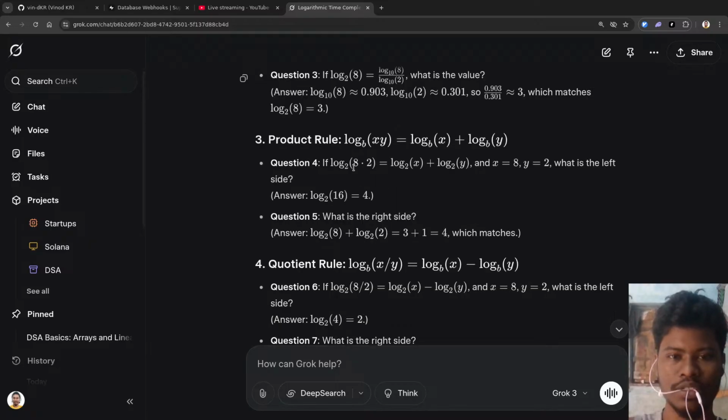Okay, now the product rule. What are we doing here? Product rule is log b of xy.